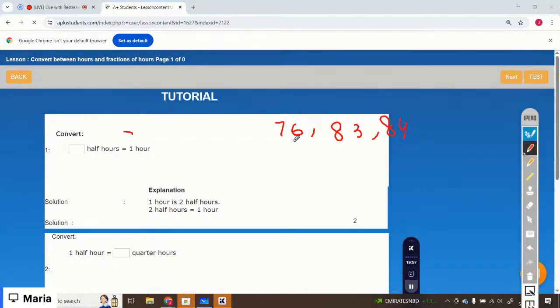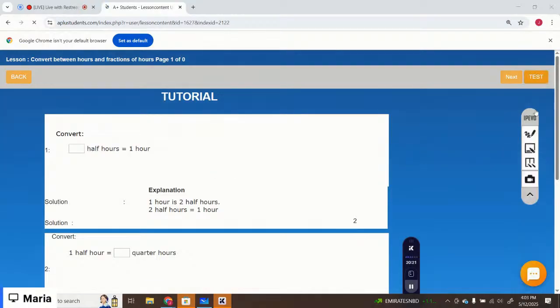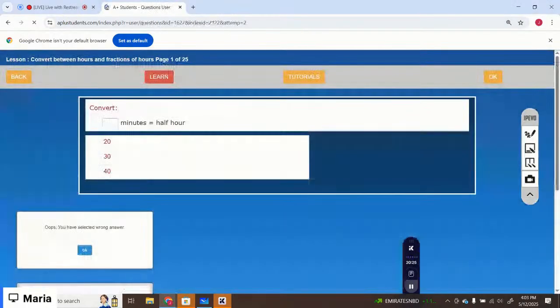So half hour equals 30 minutes. So 30 minutes and another 30 minutes makes 1 hour. Got it? 1 half hour equals, the correct option is 2. Okay, let's just start with the test questions.